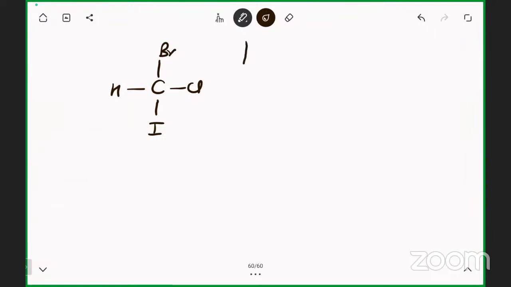If I make a mirror image of this particular chiral carbon, you can see carbon, Cl, hydrogen this side, Br as it is, hydrogen as it is.